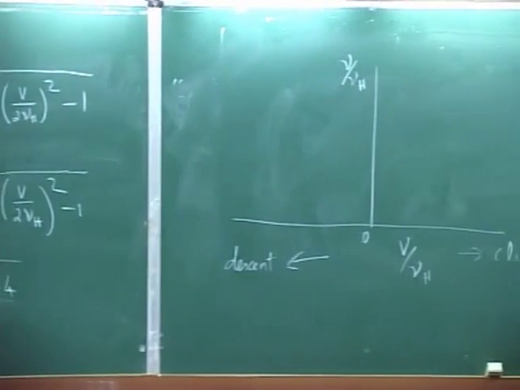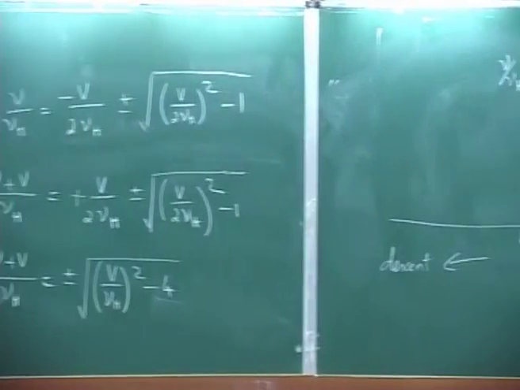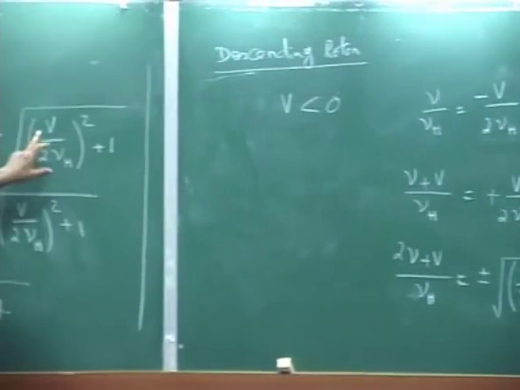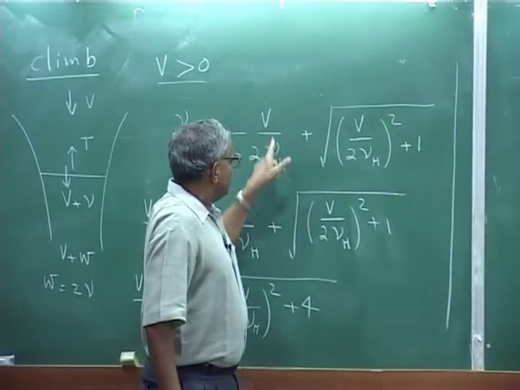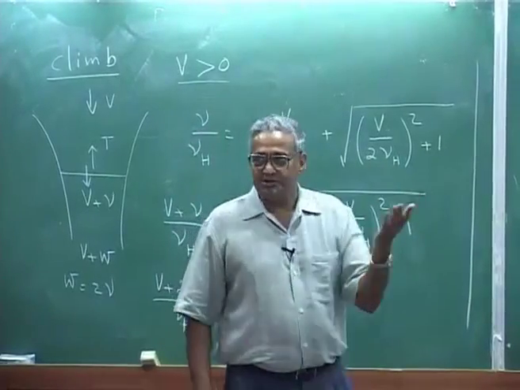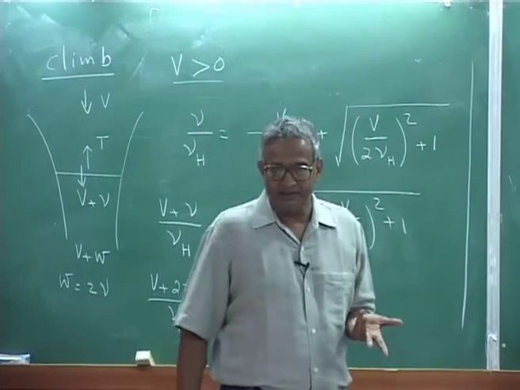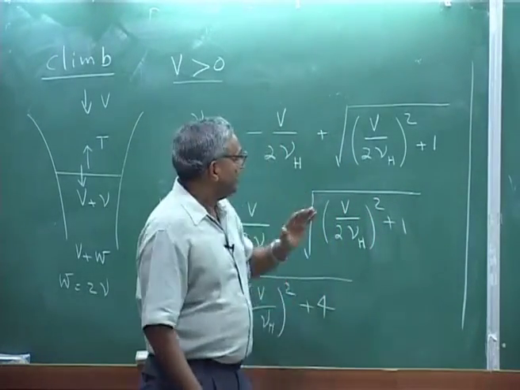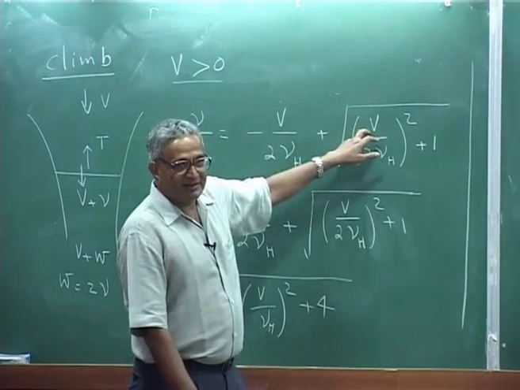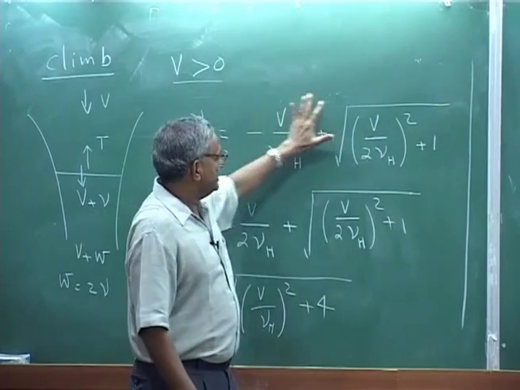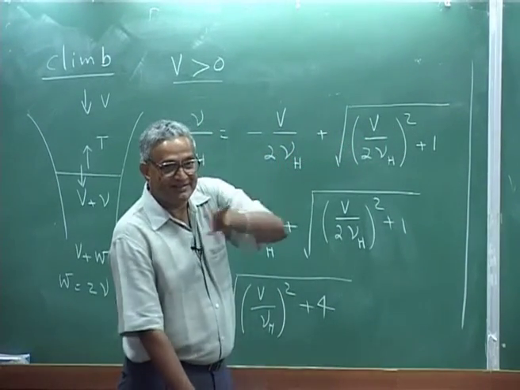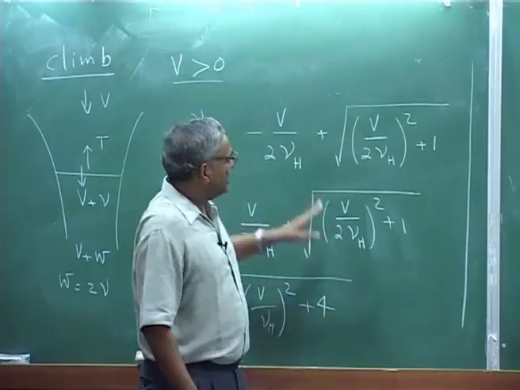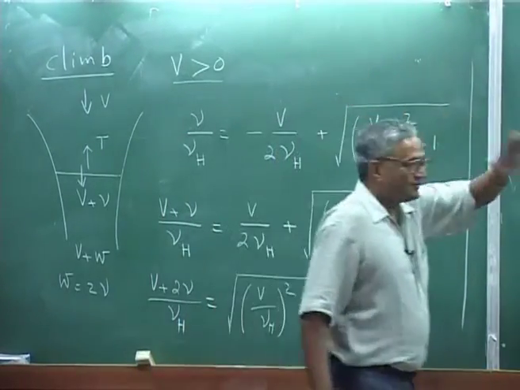As I keep increasing my velocity, okay, what happens to this term, because velocity is V, nu h is fixed, that is nu h is hover inflow, okay, that is a constant quantity for a given rotor. As I keep increasing my velocity, this term will keep decreasing, okay, asymptotically it will go to 0, but at very high values.